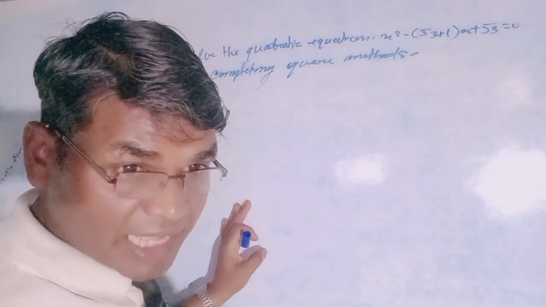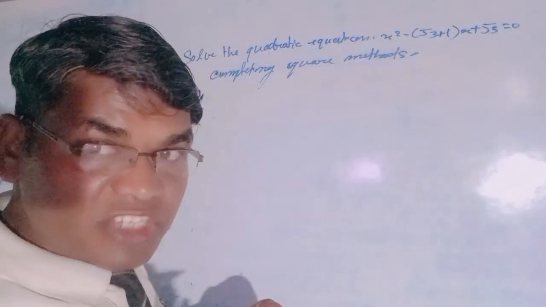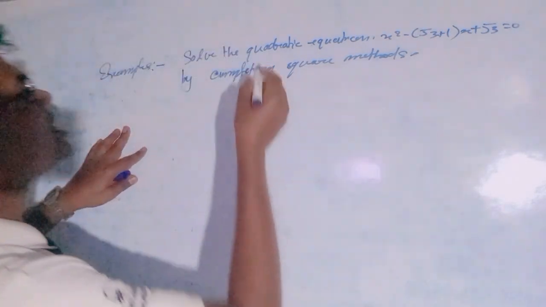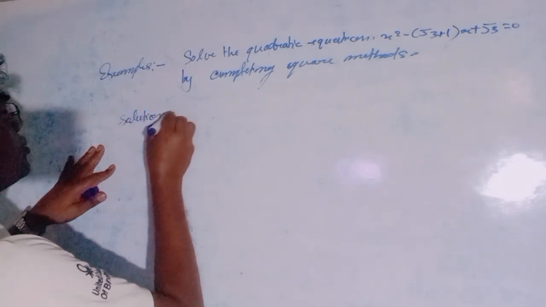So first, step by step. We have already studied the steps, but here we have to keep all the steps in mind and solve it. So the question is here, solution.